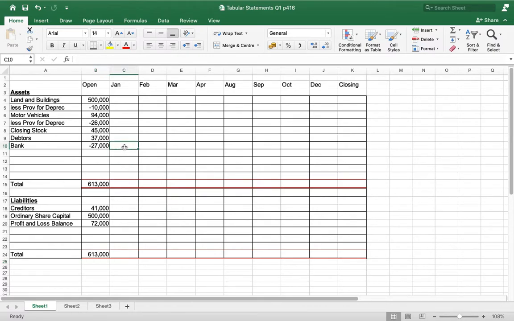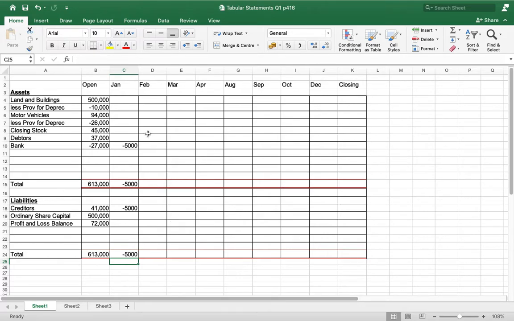So my bank here, for example, if I pay 5 grand to my creditors, I'll have minus 5 grand in the bank, and then my creditors will go down by 5 grand. So the net effect of this is I've reduced all of my assets by 5 grand, and I've reduced all of my liabilities by 5 grand. So the change has been the same for both.